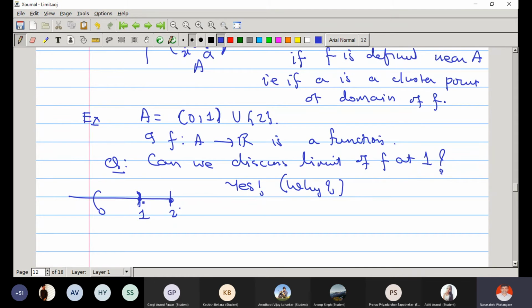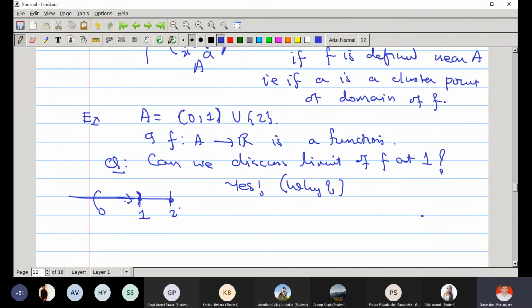But we can discuss the limit of f at 1 because there is a way to approach 1 through the domain. Suppose you are at some island and can you reach that island?